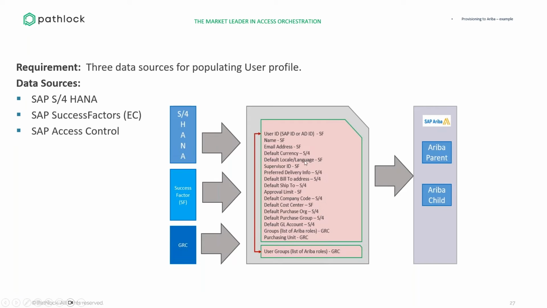So people don't have to approve that unless you want to stop it on a request and have someone approve it, but most customers just let it flow through so that Ariba always stays up to date with whatever your source data is. So your record of truth will be remaining in this source data.